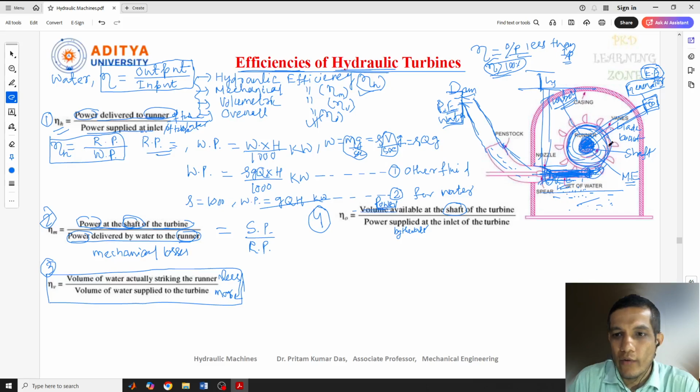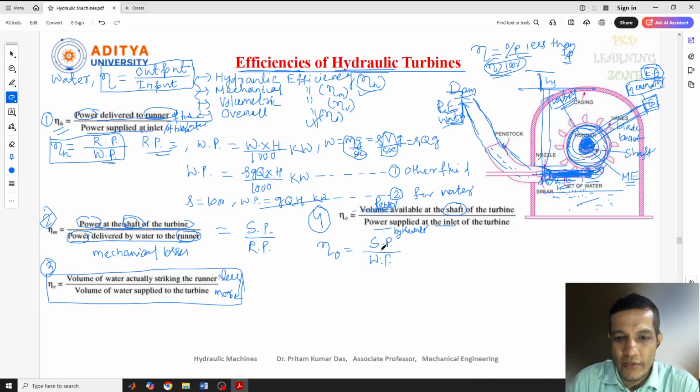Initially, it is the power supplied by the water at the inlet of the turbine. So the overall efficiency equals shaft power finally, and initially the water power.